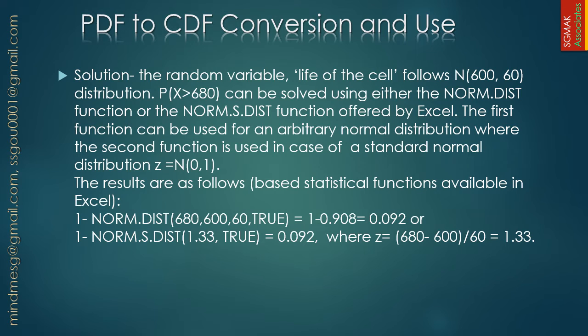You can write that as 1 minus norm.s.dist with parameters 1.33 and true, and you get the same value. Where z score for x equals 680 equals 680 minus 600 divided by 60, which is 1.33. You always subtract the mean and divide by the standard deviation to convert an arbitrary x value to a corresponding z value.